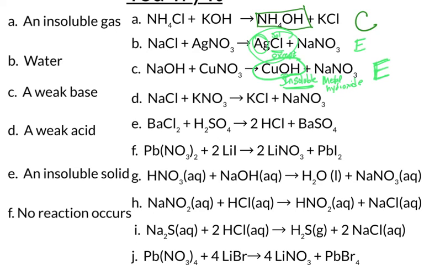Alrighty, let's look at question D. Here we're going to look at the two products, and by checking for potassium chloride and sodium nitrate, we see that there is no insoluble gas formed, no water formed, no base at all formed, whether it's weak, strong, or insoluble, no weak acid formed at all, no acids are formed, and that leaves us with an insoluble solid. So let's look at potassium chloride.